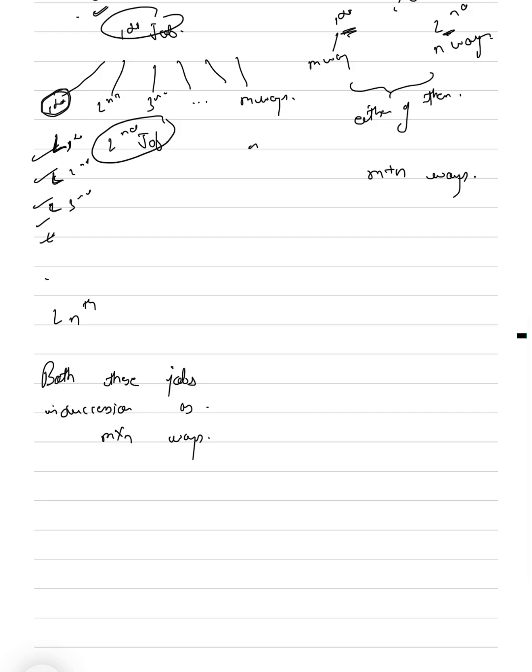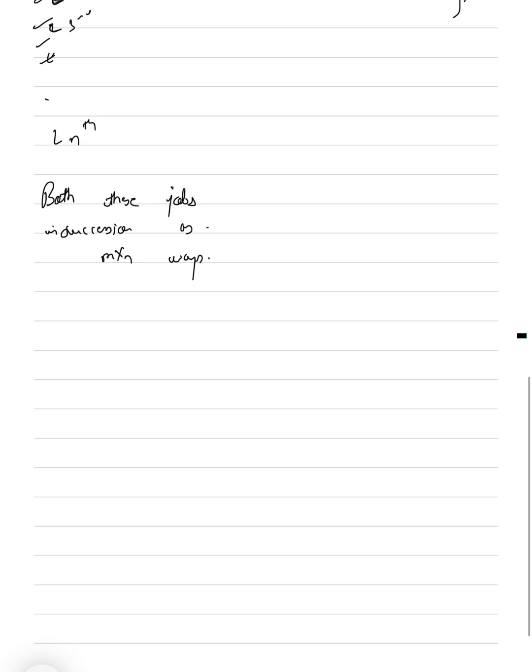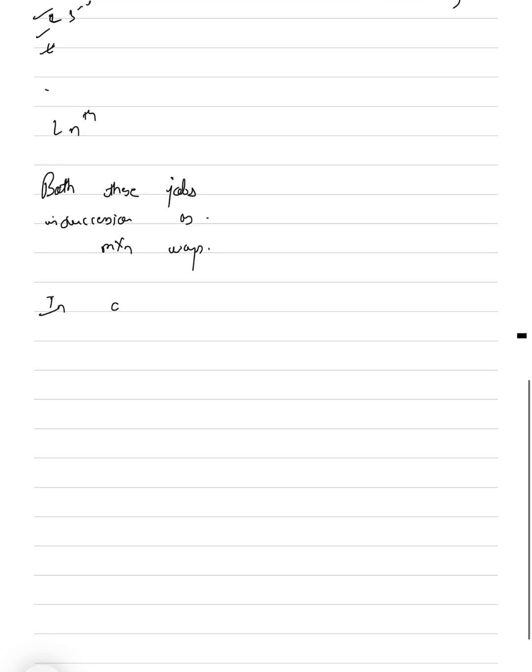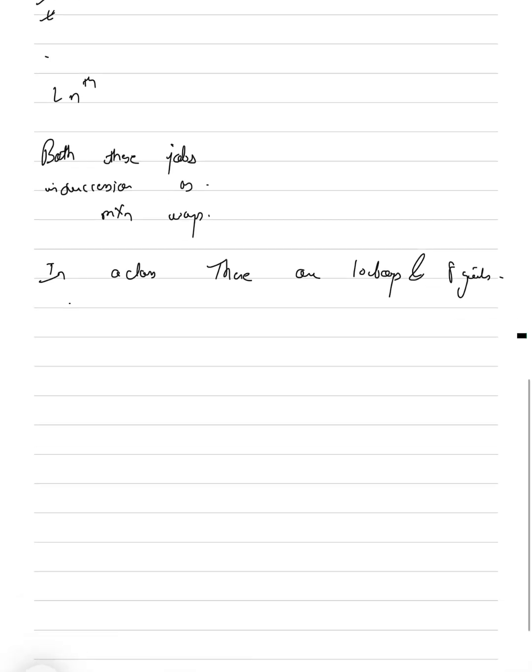Suppose you have, in a class, one of the easiest examples, there are 10 boys and 8 girls. Okay, and your class teacher has to select a boy and a girl.